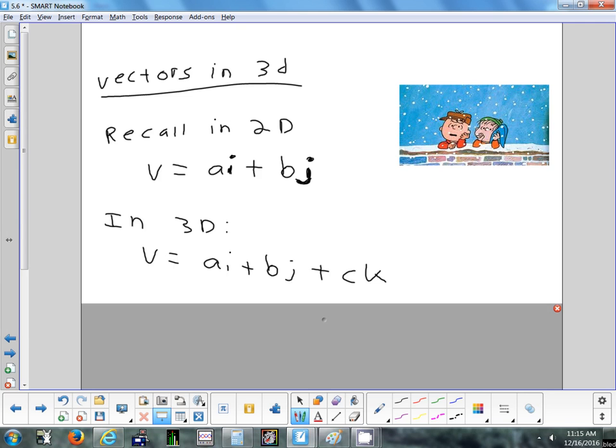All right, so in 3D, I is your movement along the x-axis, which could be left and right. It depends, now you're in 3D, so it depends on how you're looking at it. J is movement along the y-axis, and K is movement along the z-axis.